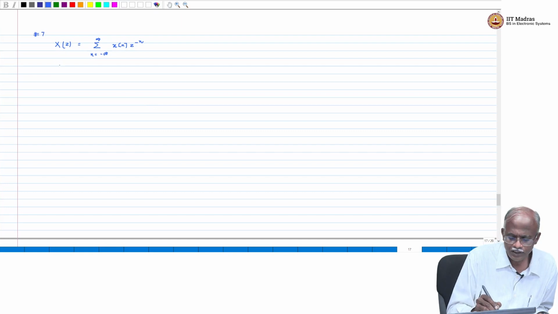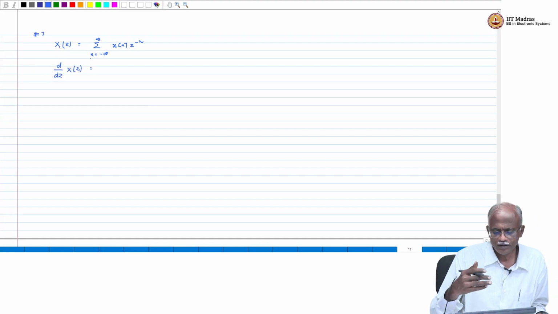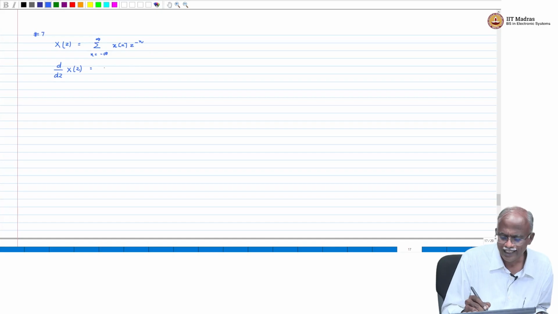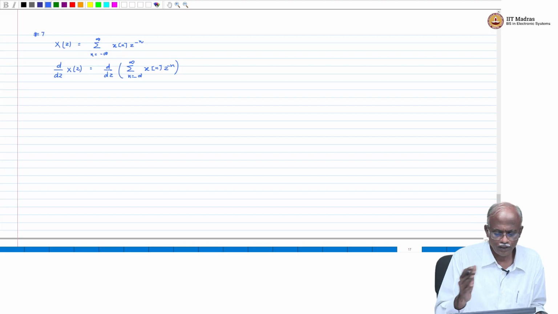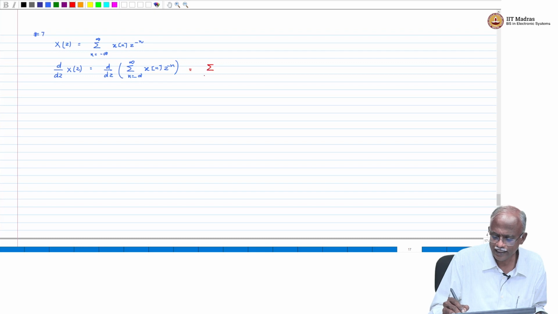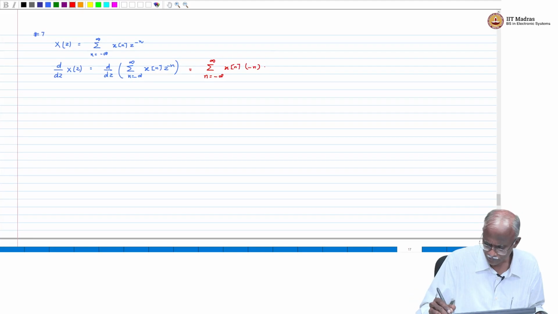If I differentiate, d by dz of X of z, treating z as the variable, the first derivative, this will be d by dz of the summation of x of n z power minus n. X of n is a constant, it does not depend on z. So taking the derivative inside, we get the summation of x of n times minus n, by the power rule, z power minus n plus 1.